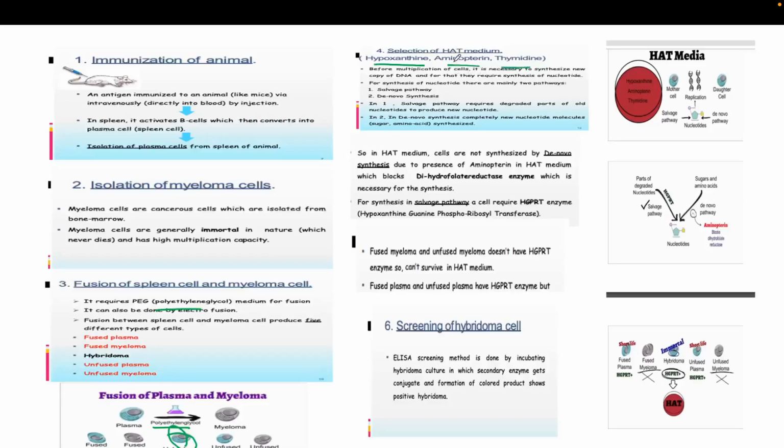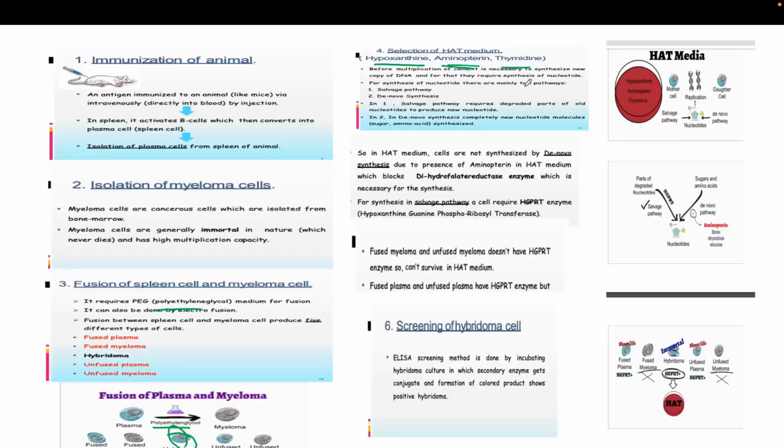The quality of this HAT medium is that aminopterin works as an inhibitor of the de novo synthesis of nucleic acid. Before multiplication of a cell, it is necessary to synthesize a new copy of DNA.